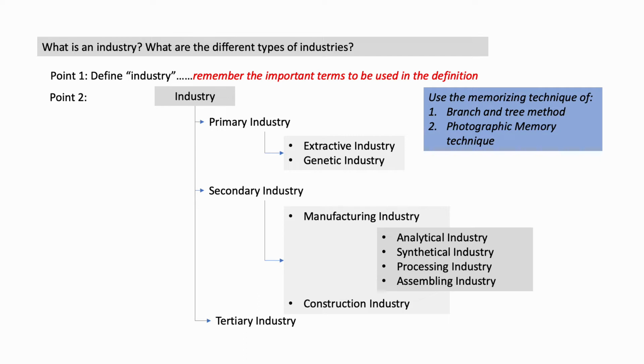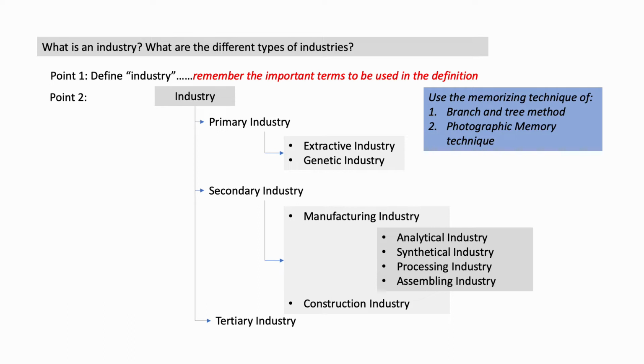encounter questions of this sort, the first thing that should come to your mind is how do you really create a mind map of sorts. So the technique that you should use, which we have termed the branch and tree method, is a photographic memory technique, where we create a photograph of the answer in our minds, so that we capture the essential points in the form of a tree branch, and we remember the essential points.